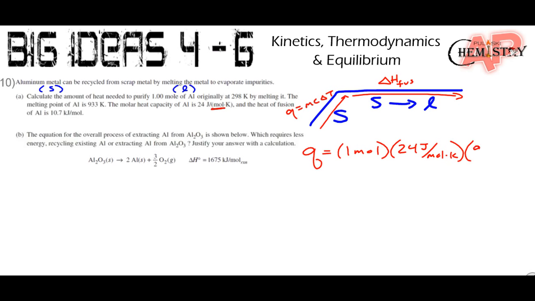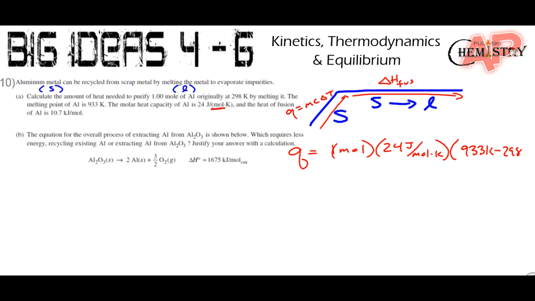And then the change in temp is going to be, I'm going to 933 Kelvin from 298 Kelvin. So that's about 15,000 joules, which equals 15 kilojoules.